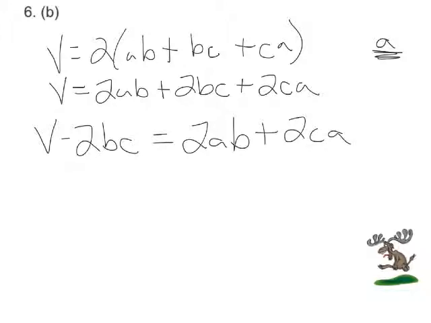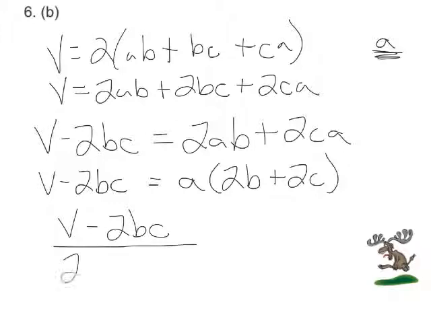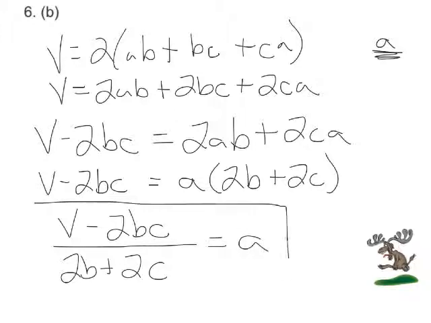And now I want to isolate the a. One thing I can do is factor the a out so that the a is by itself. And finally, I can leave the a on the right-hand side and divide the 2b plus 2c to the left-hand side. And we have now solved for a.